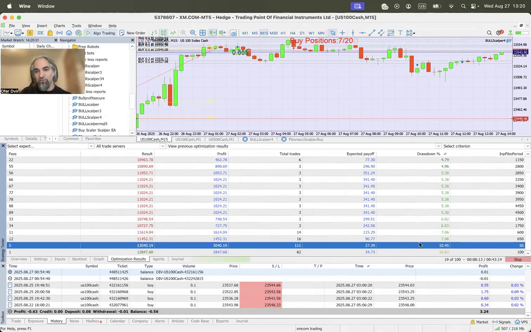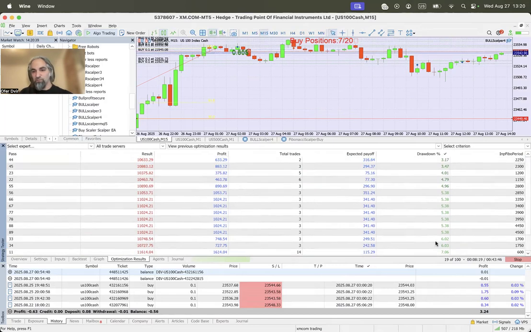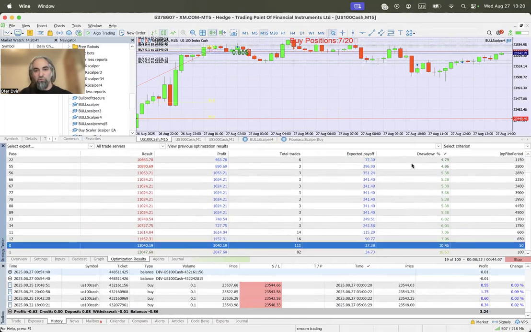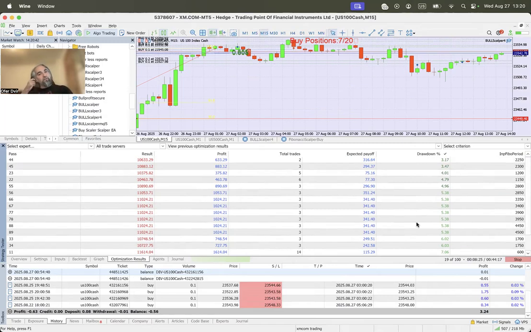So I would say it's a good setting, 15 with 3,000. Of course, it's always control, but there are a lot of different parameters from the EA, and you can find the best solution this way with optimization.